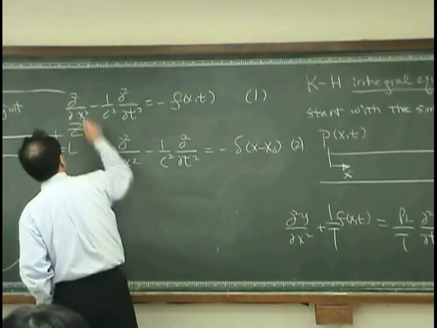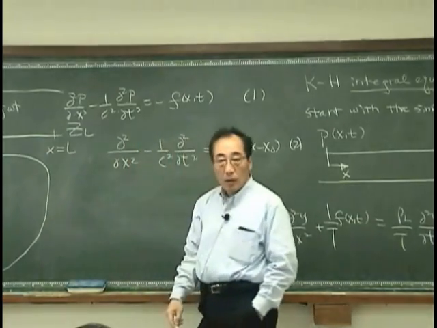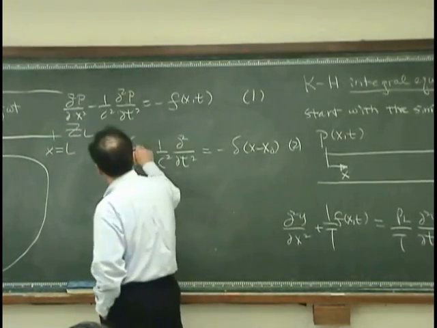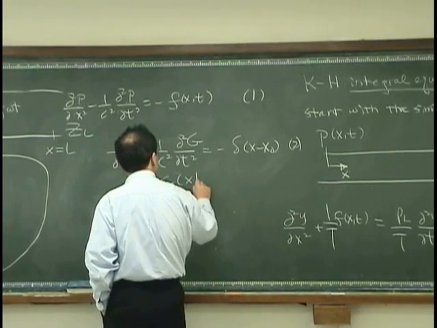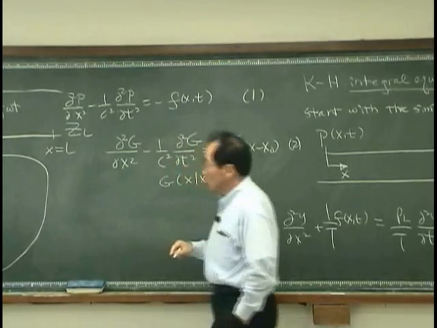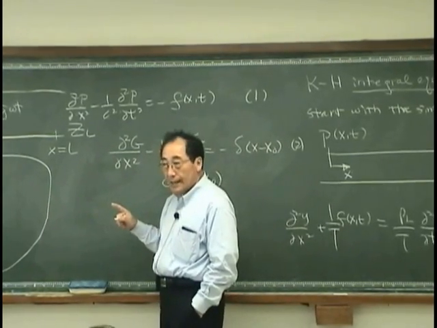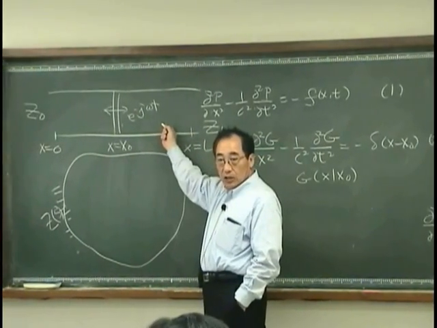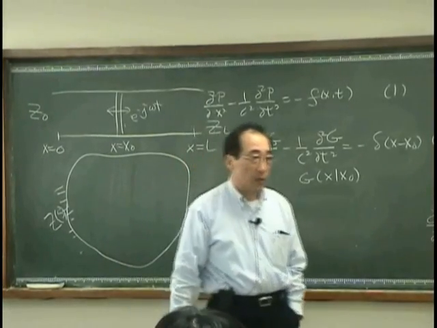That is more sensible. And I will denote this as G. G is the solution, in other words, the pressure that is induced at x due to the impulse at x equals x0.